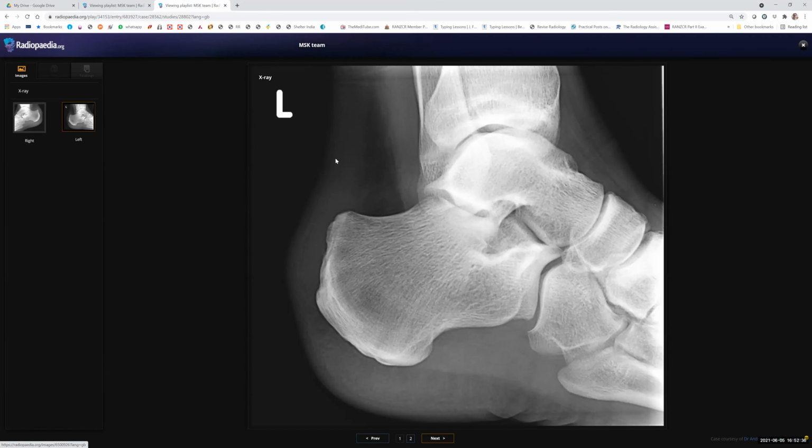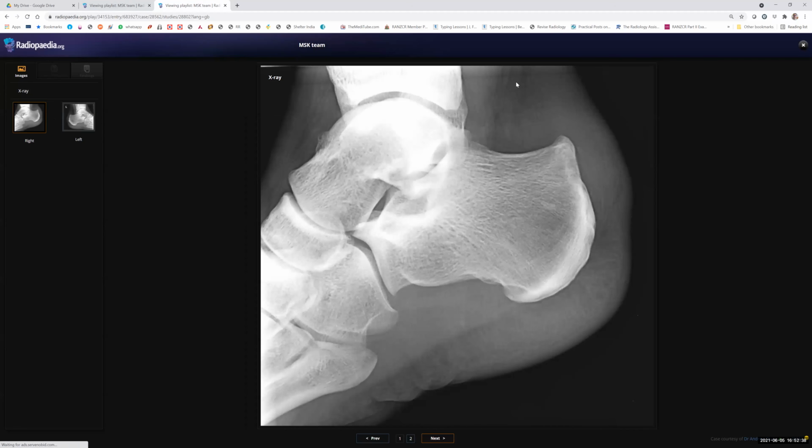On the right side, the Kager fat pad is ill-defined, and there is retrocalcaneal bursitis and Achilles tendinitis. This is called Haglund deformity of the calcaneum. There is surrounding soft tissue edema, insertional Achilles tendinosis and retrocalcaneal bursitis. You can suggest either an ultrasound or an MRI.